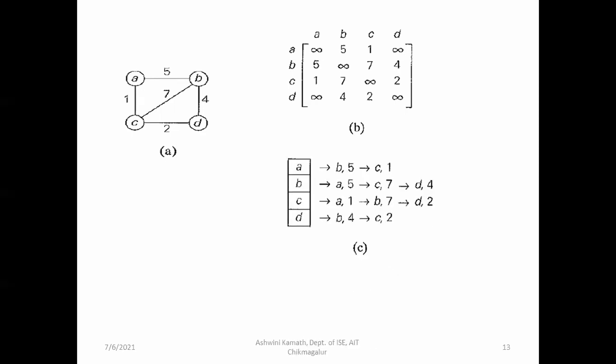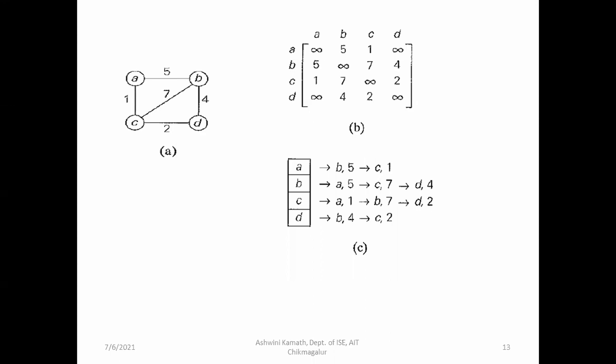So this is the adjacency list with the cost. For A to B, you can notice here, we have the cost. Previously, we didn't have the cost. There, it was just an adjacency matrix. Adjacency matrix uses zeros and ones: 1 if we have an edge, 0 if we don't have an edge. Here we have cost, so we specify the cost.